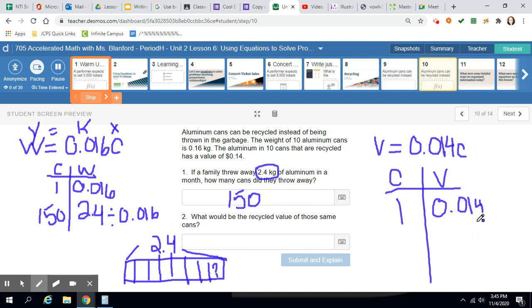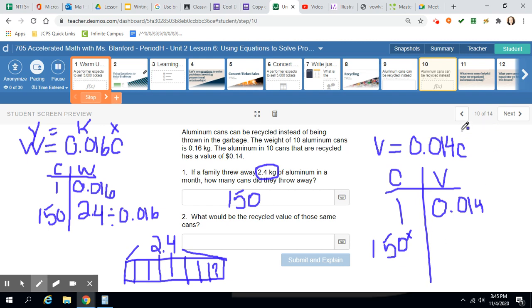And now we're trying to figure out, what's 150 cans? How did we get from the number of cans to how much it's worth? We know what one can is. So if I want to know what 150 cans are worth, I've got to multiply it by that constant of proportionality.